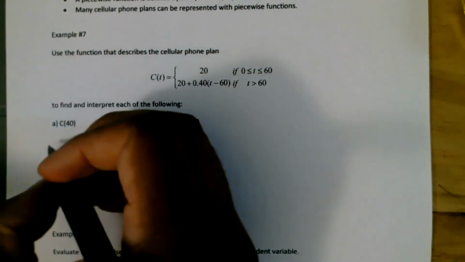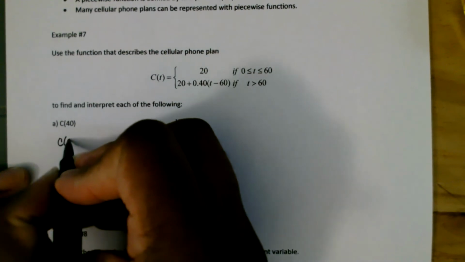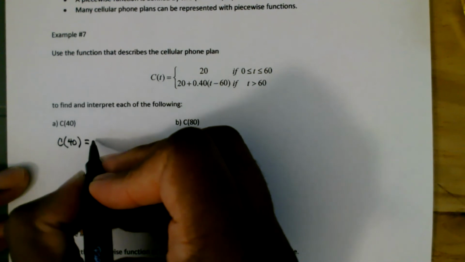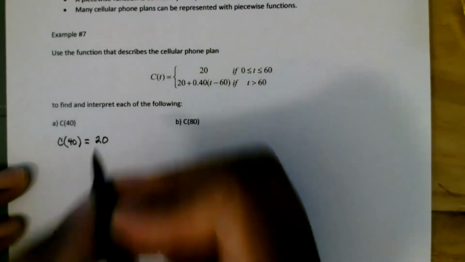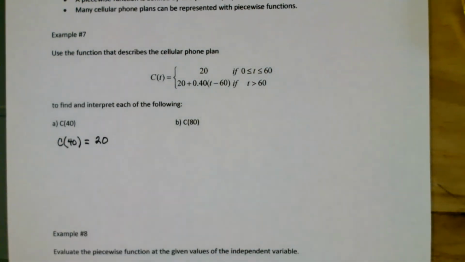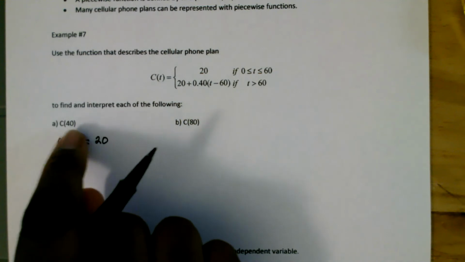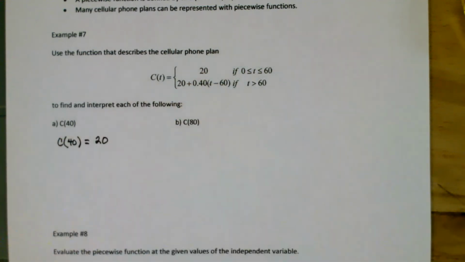So C of 40, or the cost of a cellular phone plan after 40 minutes, would just be $20. And we're done with that problem, because the value of t is going to tell you which one you need to use.